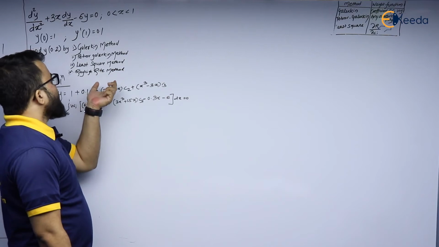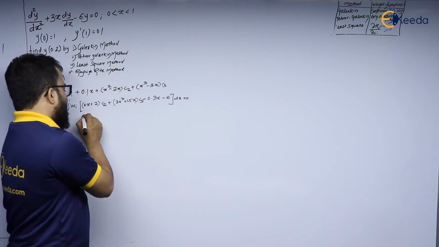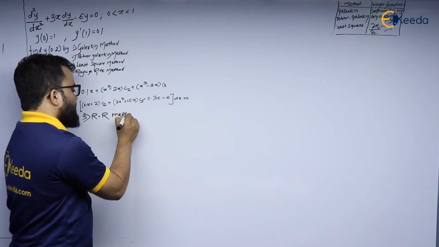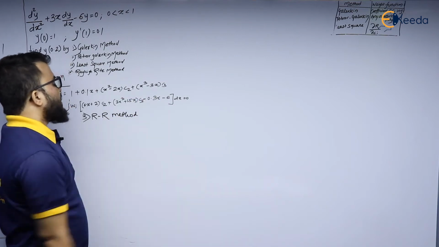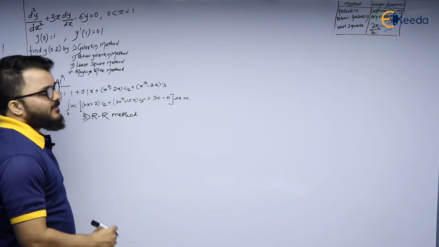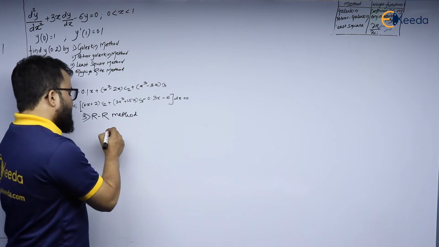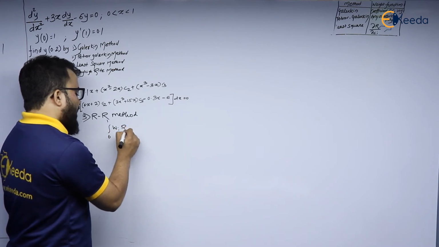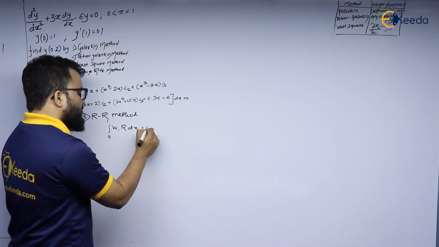Now we will solve Rayleigh's method. So the Rayleigh-Ritz method, which is also known as Rayleigh's method. We know that for Rayleigh's method, the steps are different. In this method, we will do integral from 0 to 1 of Wi r dx equals 0.